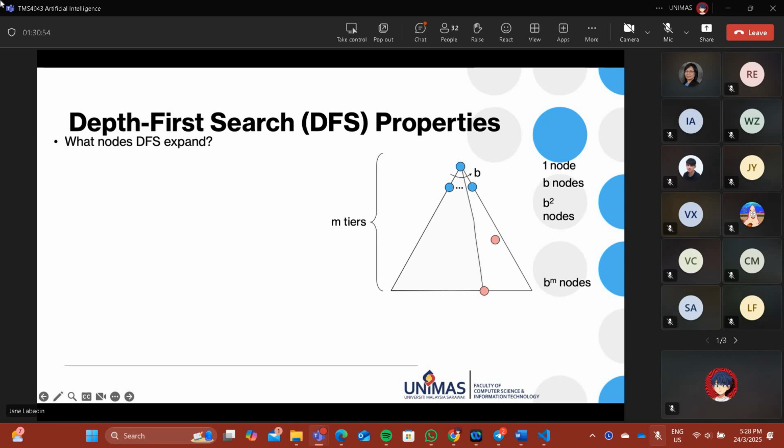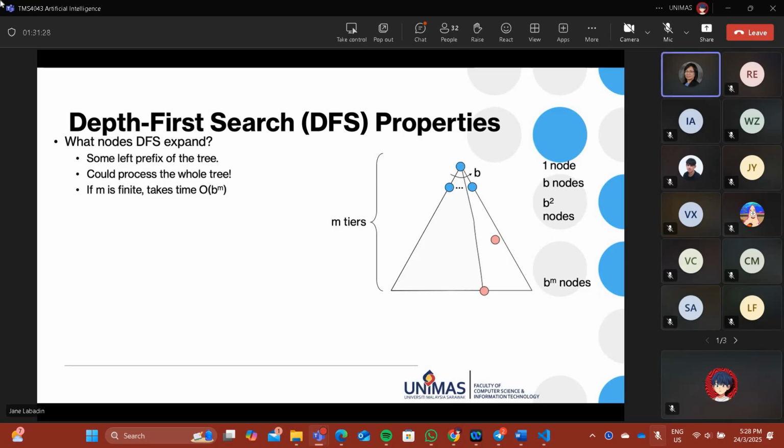As you can see, the nodes DFS expands are of the order of B to the power of M, because it goes to the deepest tiers. Unfortunately, depending on where the goal is, it can actually process the whole tree. So if M is finite, it takes about the order of B to the power of M, as I mentioned just now.